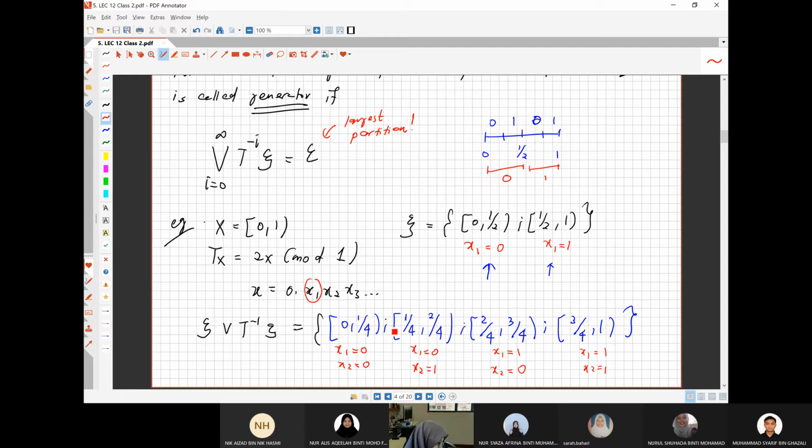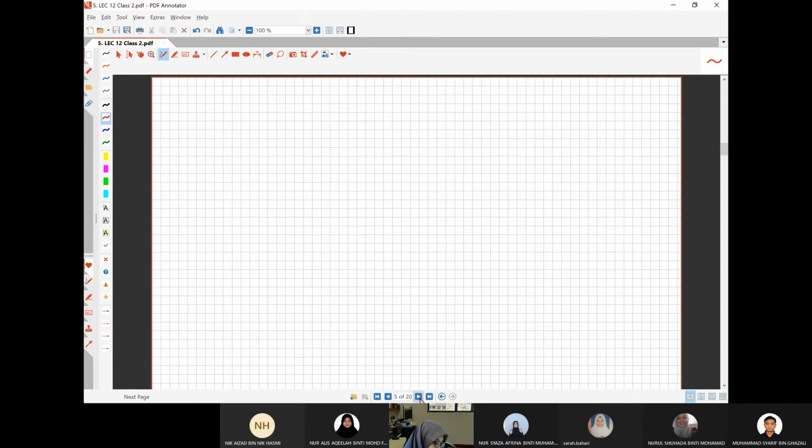Okay, now you can find the join of the three pre-images, or three partitions. So what do you have? I have psi join with T minus 1 psi join with T minus 2 psi.